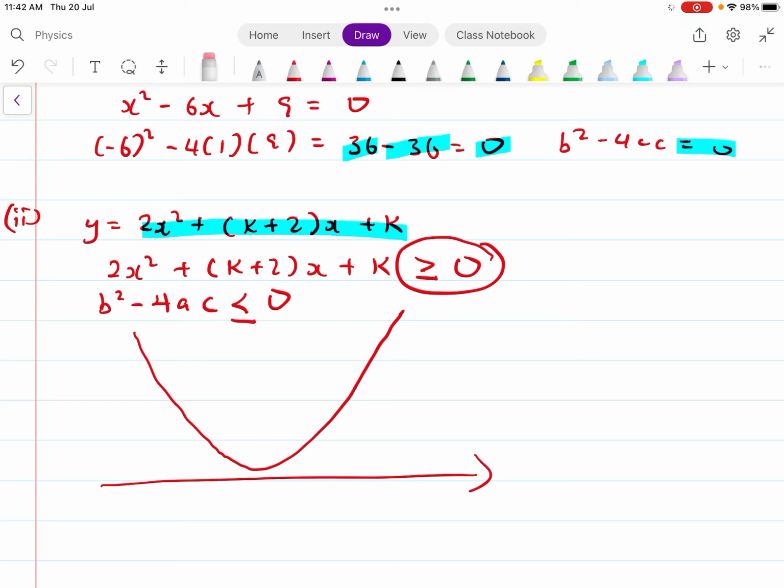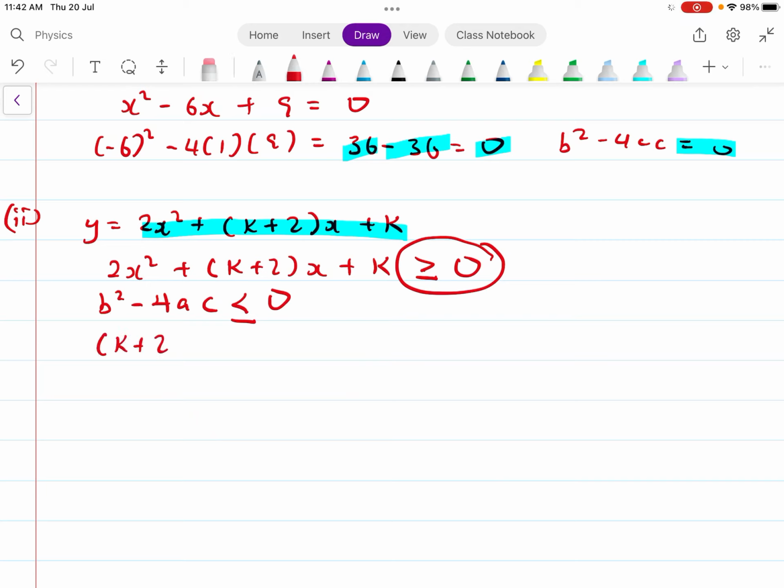Okay, of course, now we move on to find the value. So b squared minus 4ac is less than or equal to 0. Then after that I just need to do the working.